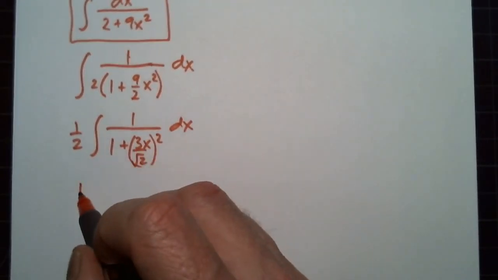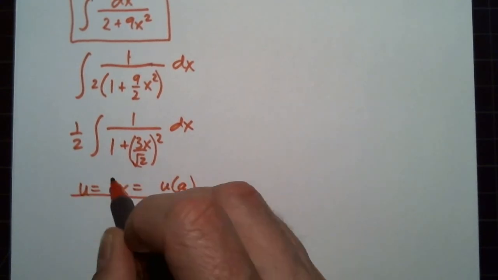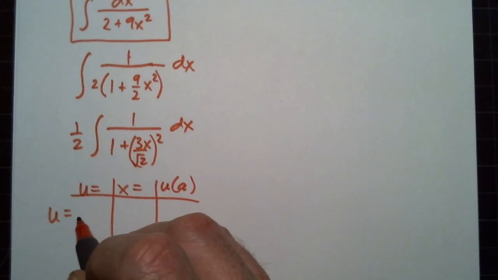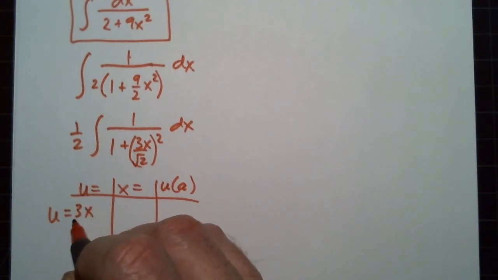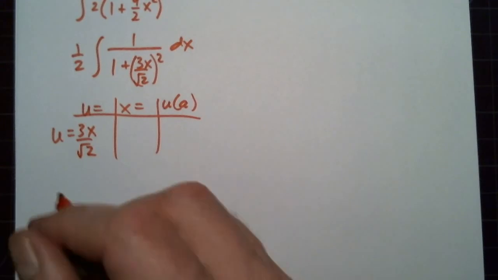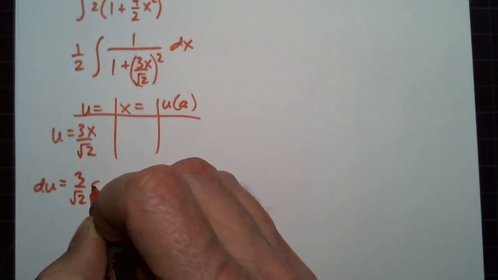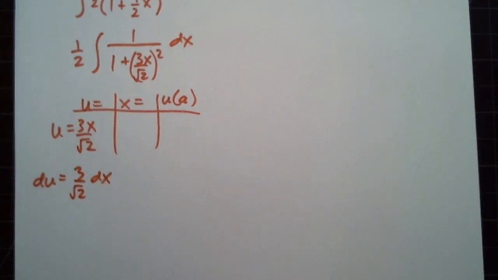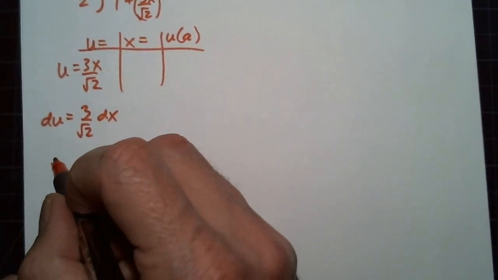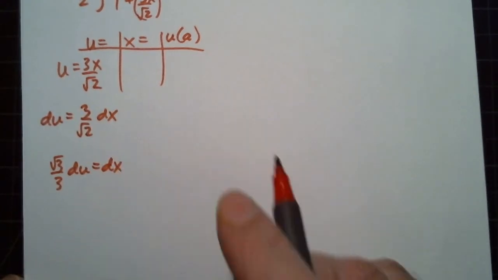This will be u. U is 3x over radical 2. Du is 3 over radical 2 dx. Radical 2 over 3 du equals dx.